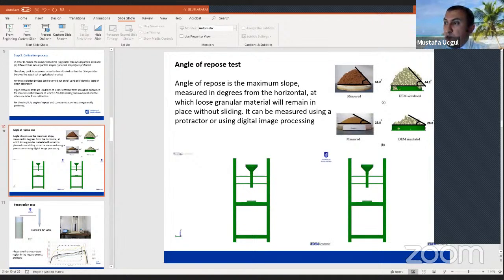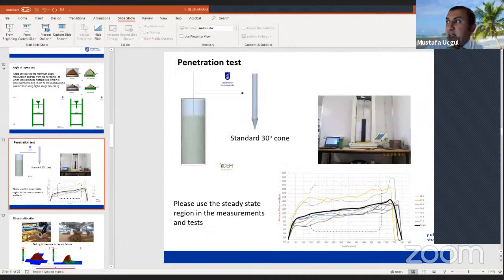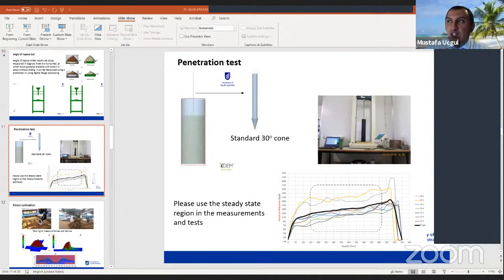So once we have this pile, as you can see in here, on the left hand side is a sandy soil, on the right hand side you can see a cohesive soil. Then we can get this angle, and by tuning the numbers, we can get the same bulk material behavior.